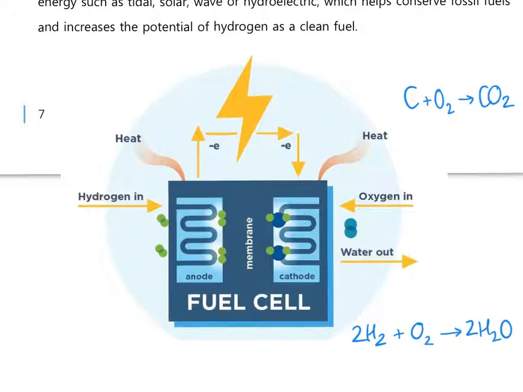It only produces water, which is a non-pollutant. That's a simple diagram of a fuel cell. You don't need to know the ins and outs of it, but know that in this process, hydrogen and oxygen react together to give water, and electricity is produced as a result.